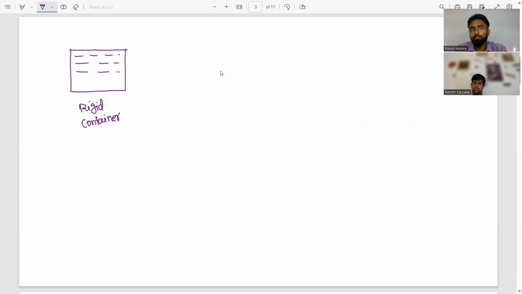Now, for a rigid container, volume is constant, because boundary is fixed here. So this is your system. I have to find what type of system is this. So this is your surrounding.